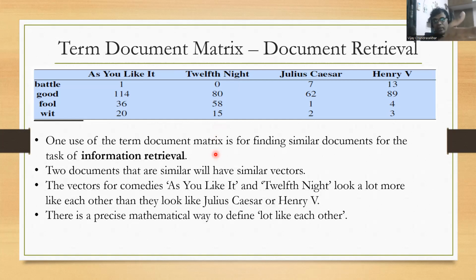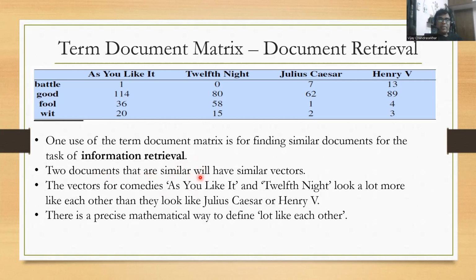And show Twelfth Night as an example on the screen. Do you understand? Even though I may not know that it's a work of Shakespeare, I can still use similarity between documents for information retrieval. Okay.